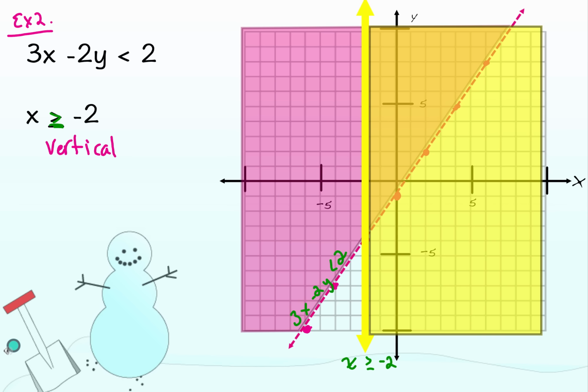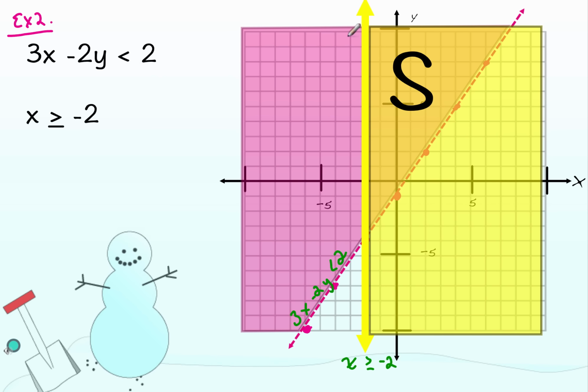And where is my big S going to go? Right where the two shaded areas cross. So where does the pink and the ugly yellow cross? Right there. Anybody in that section is an answer.